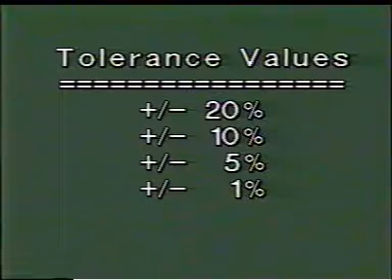To manufacture resistors of exact standard value is quite difficult, but still the resistors are available in certain values of tolerances. The tolerance values normally available are plus minus 20%, plus minus 10%, plus minus 5% and plus minus 1%.